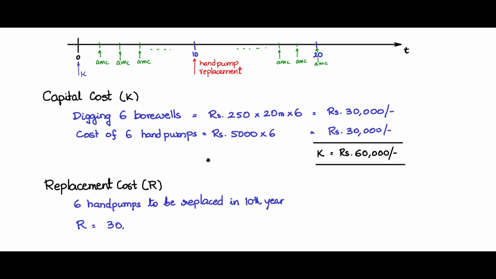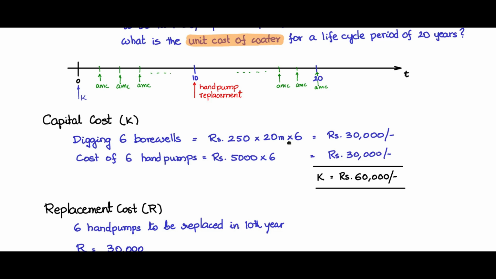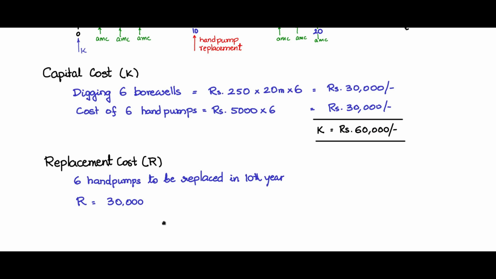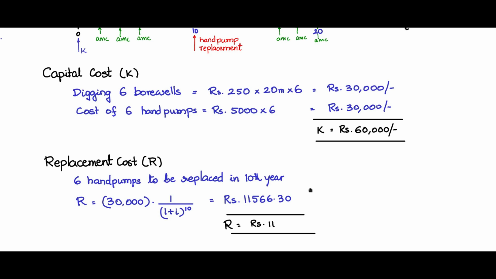So R is equal to 30,000, the cost of the 6 hand pumps, and let us multiply it by the present worth factor 1 by (1 plus i) to the power of 10, which will shift the value there to the present, and that is rupees 11,566.30, and therefore R is 11,566.30 because that is the only replacement.